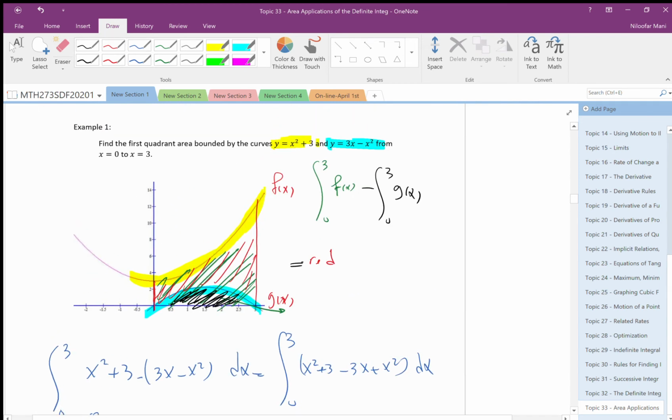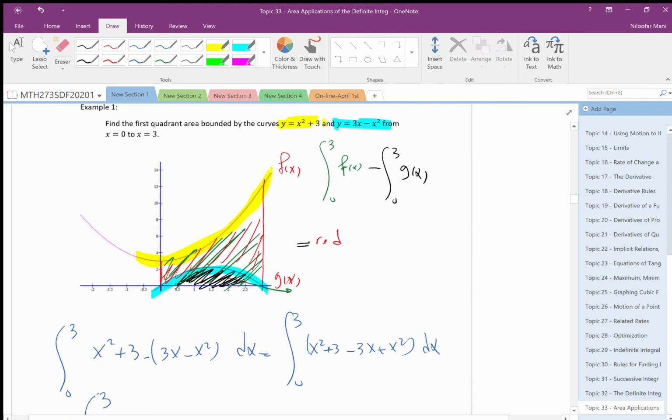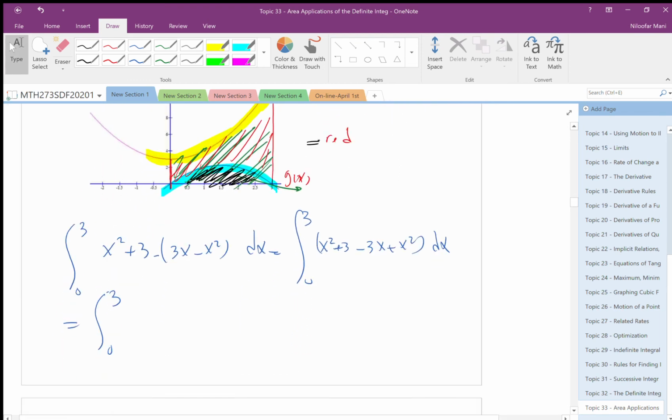Am I right? x squared plus 3 minus, plus. Yes. So this and this, 2x squared, and this and this, minus 3x plus 3 dx.